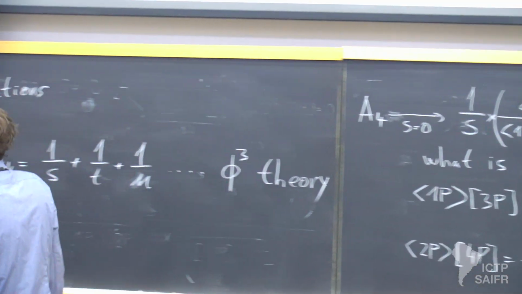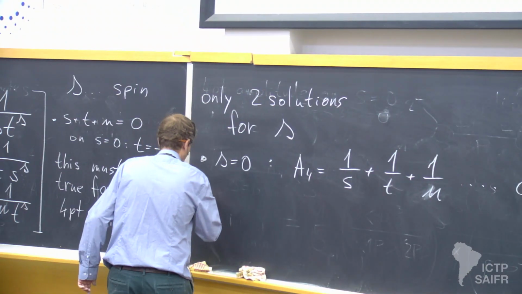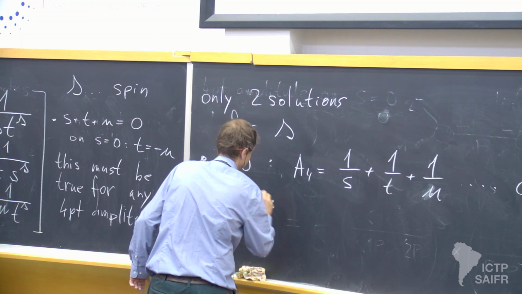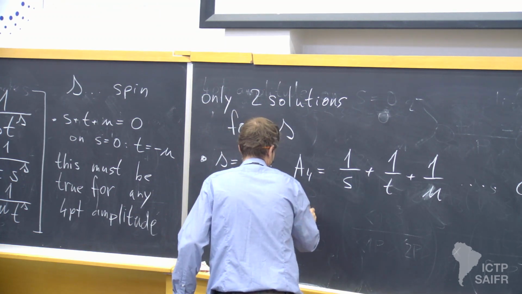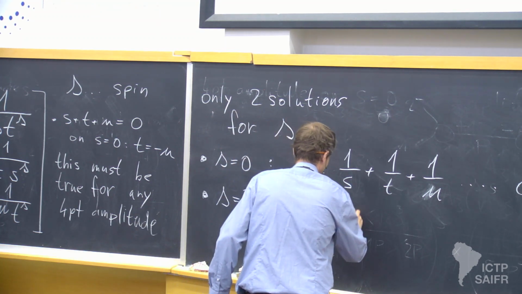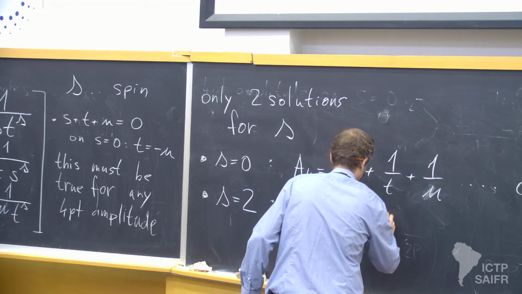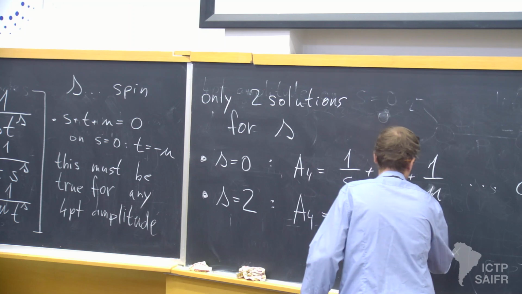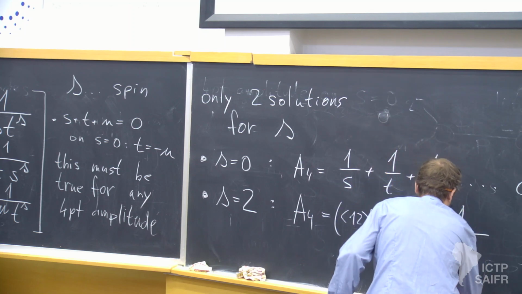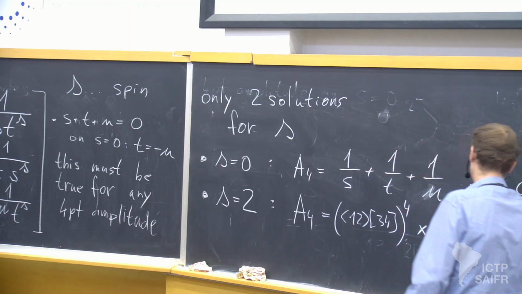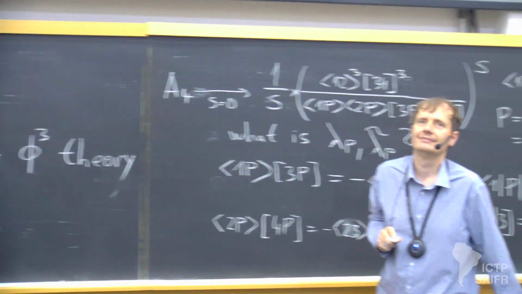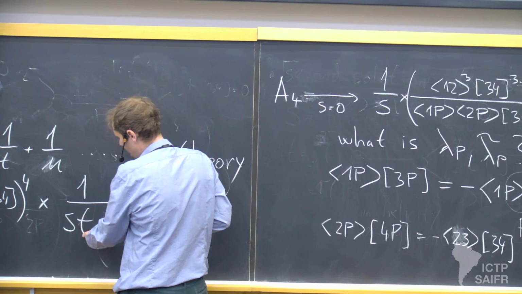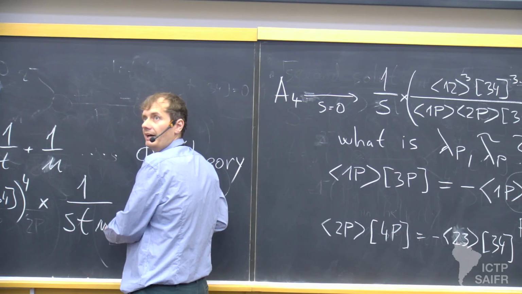It passes our check. The only second solution that we get is actually spin 2. In that case, the amplitude is this prefactor times 1 over STU. On an S-pole, T and U become the same, and you get T squared, up to a sign.